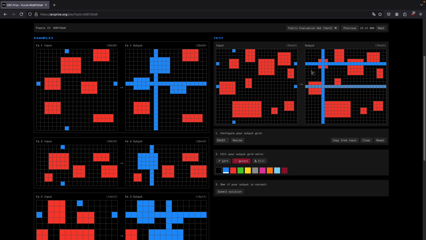So we don't know for sure if we must connect like this as well, as you can see. But we have at least one more try that we can do. So now from this situation, the only problem that we have is that we don't know for sure if we must color this rectangle or not.